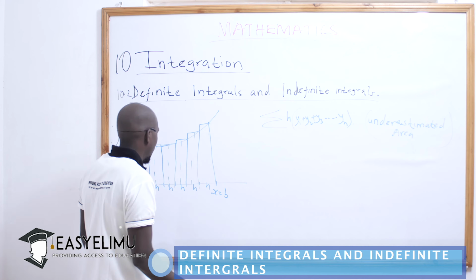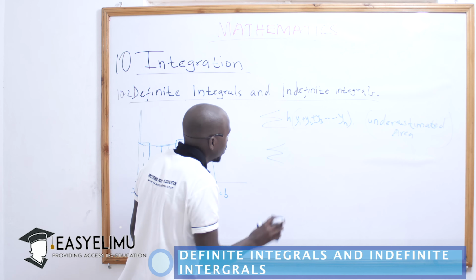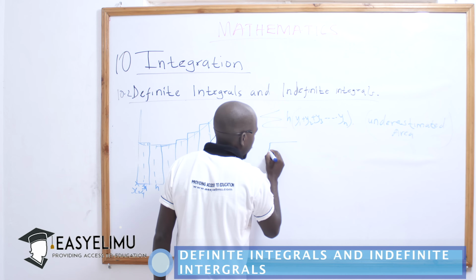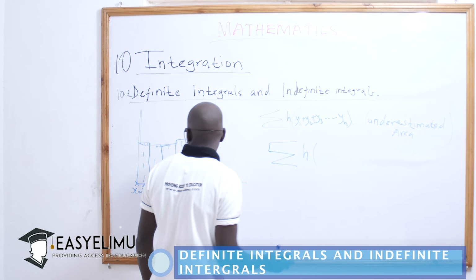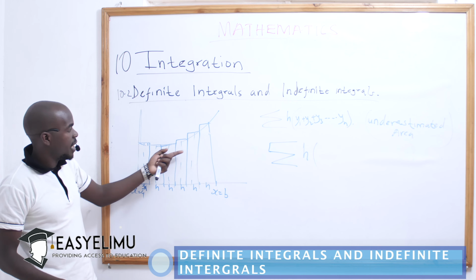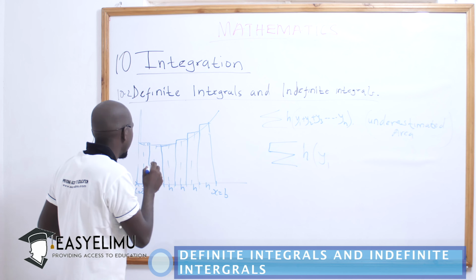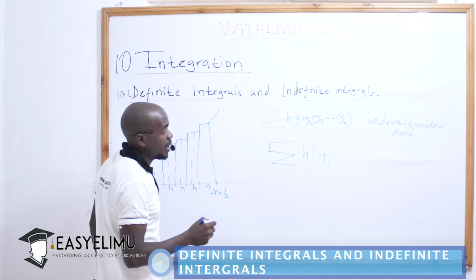Now we do another sum, that is the symbol of summation. Now we sum another one with the same height. Then we sum that of the overestimated one, which will have now y1 running from the overestimated part to the lower part.